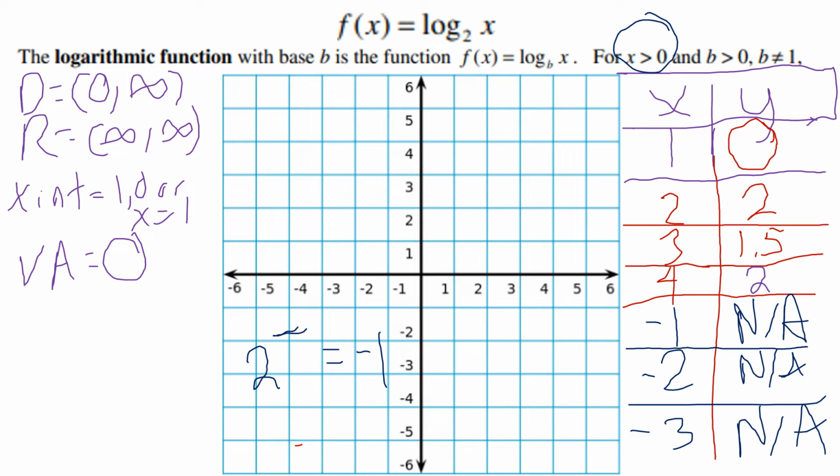So 1, 0, 2, 2, 3 and 1.5, and 4 and 2. Oh, I drew that wrong. That's why.